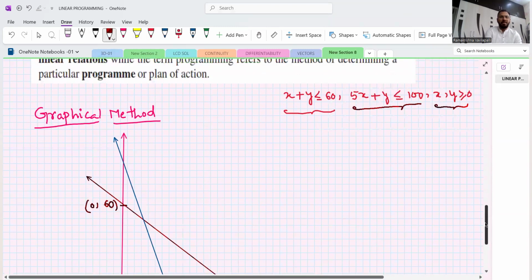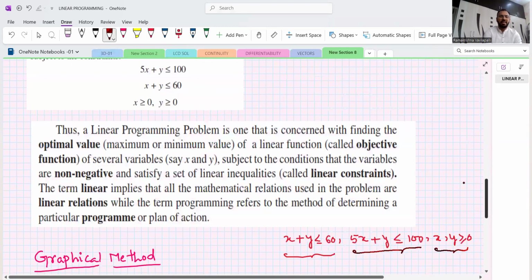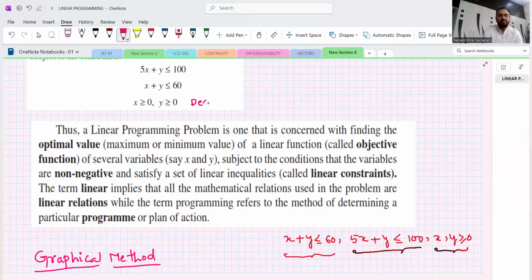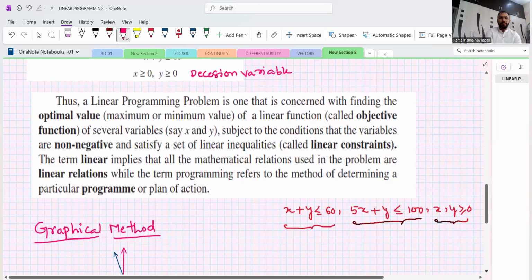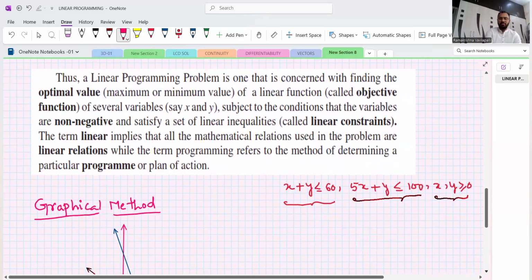Here x, y are known as decision variables, because they decide the profit and the maximum and minimum of the objective function.